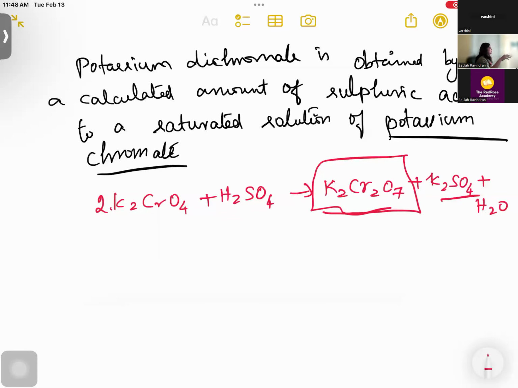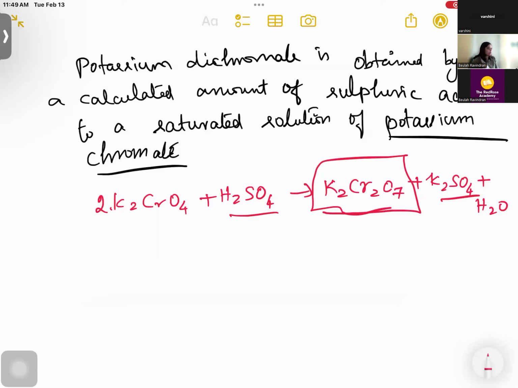That is why it is very important. Making potassium dichromate from potassium in the presence of H2SO4 is not an easy job. In the saturated solution of potassium chromate, that is what it is given, right? So first, sodium chromate is prepared. From the sodium chromate, potassium chromate is prepared, and then that is converted into potassium dichromate.